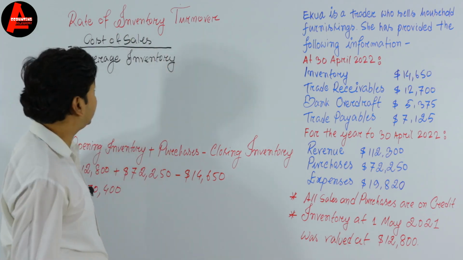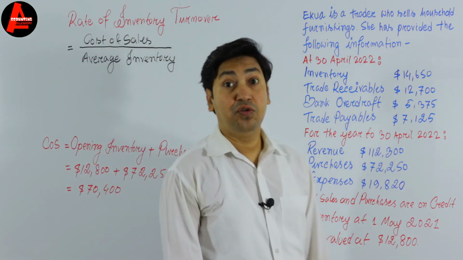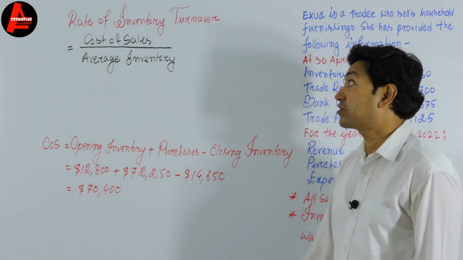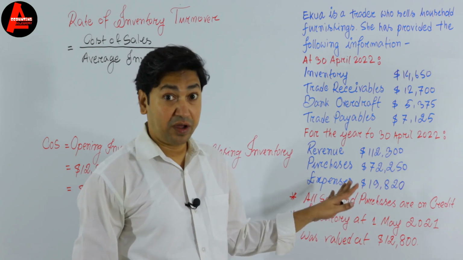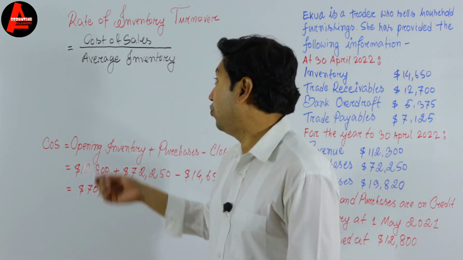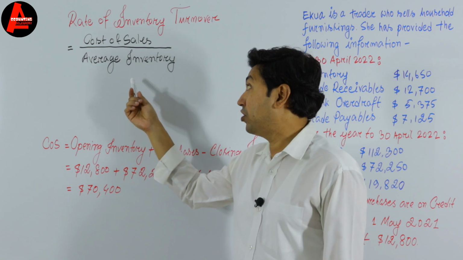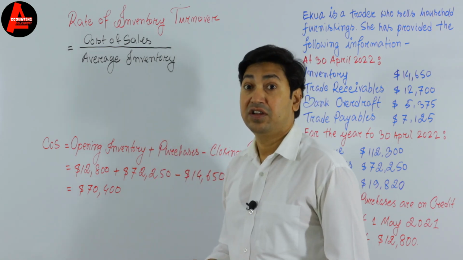Okay, so this is our formula. So now we have to calculate cost of sales, right? Because we don't have cost of sales here, we have to calculate it. At the same time we have to calculate average inventory because it is also not there.